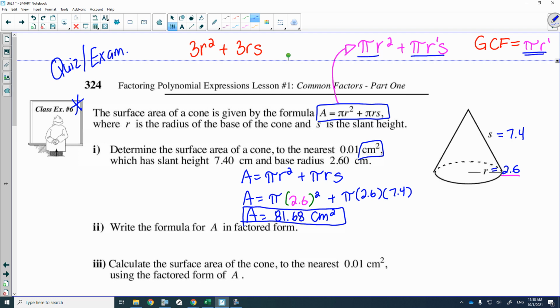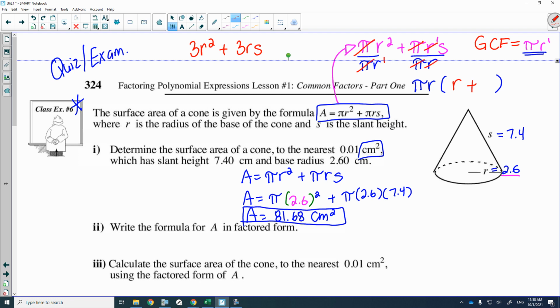Draw your division bar. Put a pi r under each. Remember, your GCF goes in front of the bracket, and whatever you get after the division goes in the bracket. Pi divided by pi will cancel. R squared divided by r to the 1 is r, plus pi over pi will cancel.